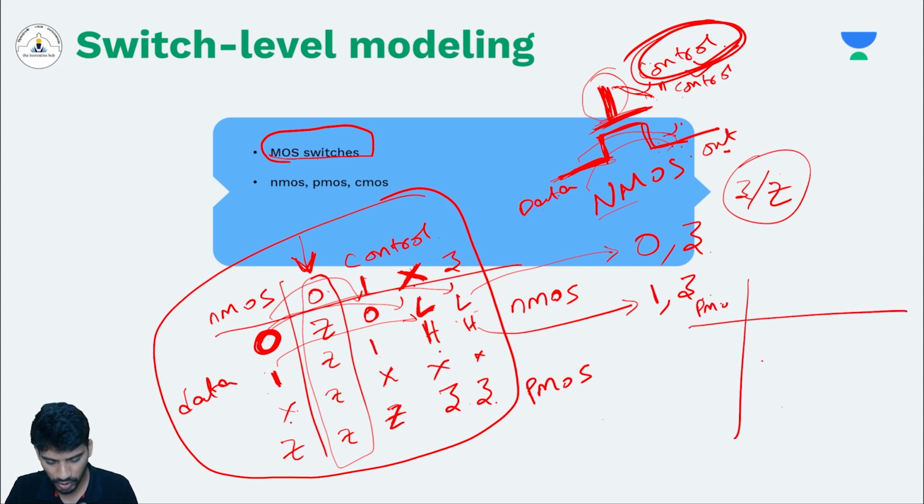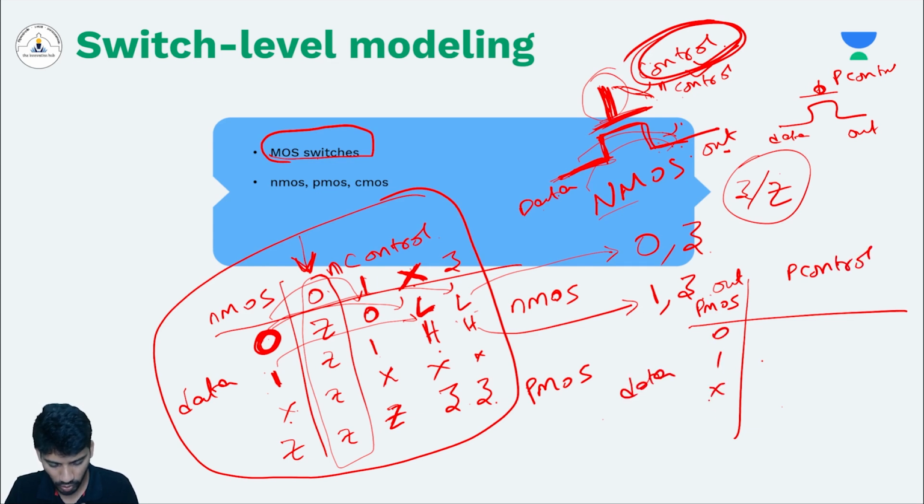I am drawing the truth table of PMOS for my output terminal. This is PMOS, this is data, and this is out. This is P control. So we have P control and we have data, with 4 possible combinations each.